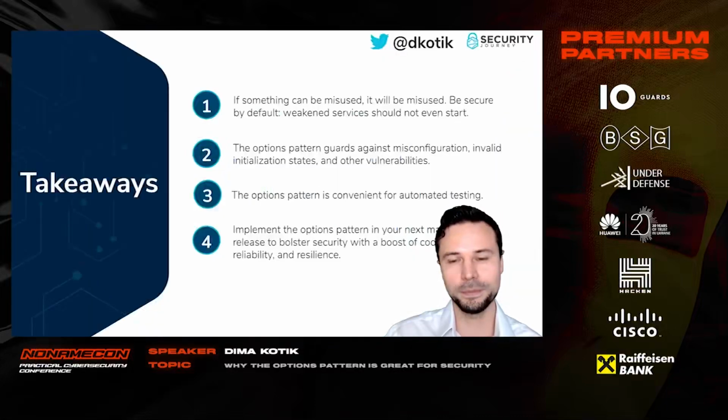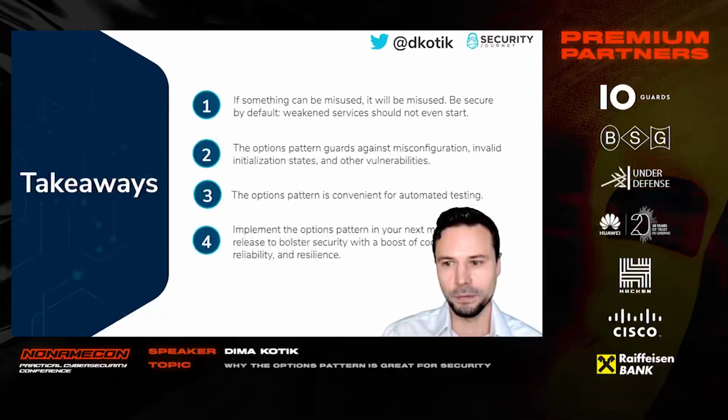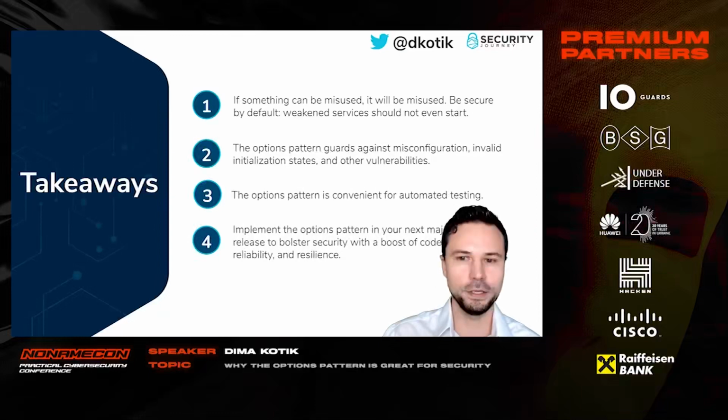Some key takeaways. If something can be misused, it will be misused. Be secure by default, and that means weakened services should not even start. In the cloud, in a sophisticated system, it's just a matter of time before somebody presents a wrong configuration or old configuration and the service falls over.